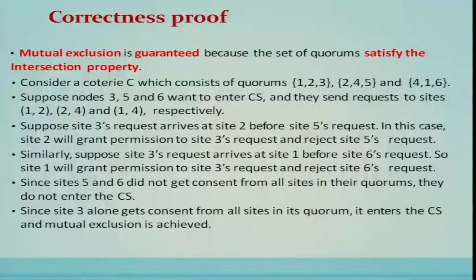Now the correctness proof of this algorithm. Mutual exclusion is guaranteed because the set of quorums satisfies the intersection property. Consider a quorum set C which consists of the quorums {1, 2, 3}, {2, 4, 5}, and {4, 1, 6}. Suppose nodes 3, 5, and 6 want to enter the critical section.